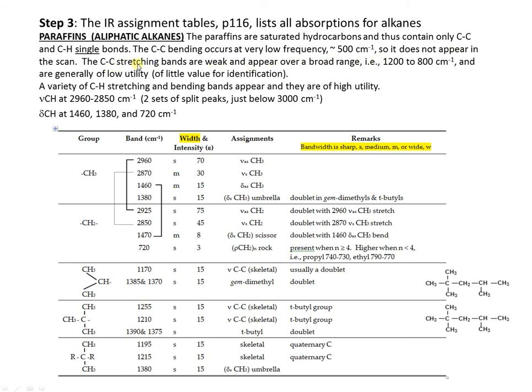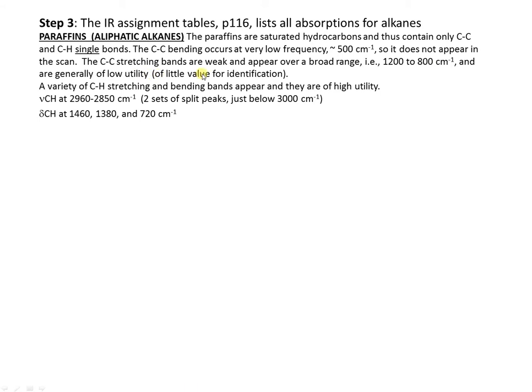The carbon-to-carbon stretches, not the bends, but the stretches, occur at a higher wave number, but they're weak, and they appear over a broad range from 1200 to 800 wave numbers. And so they're of little utility, meaning they're of little value in identifying the particular compound. Let's flip back and take a look.